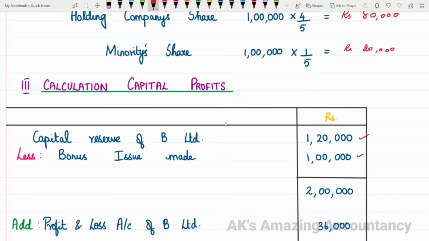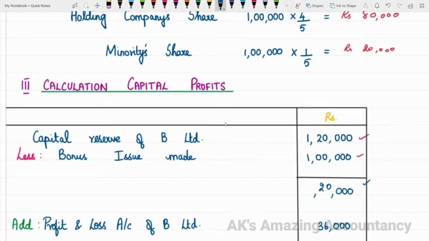So from capital reserve 1,20,000, deduct 1 lakh, which relates to the bonus issue made. So 1,20,000 minus 1 lakh is actually 20,000 only. We'll have 20,000 here.